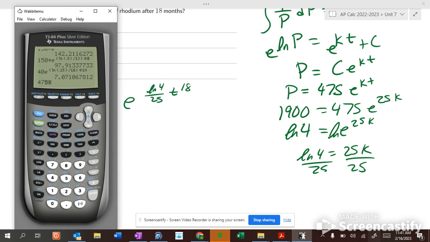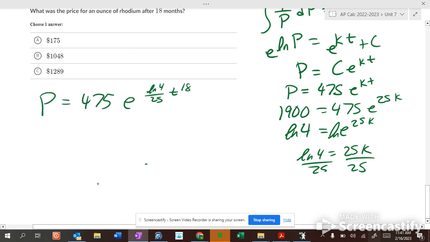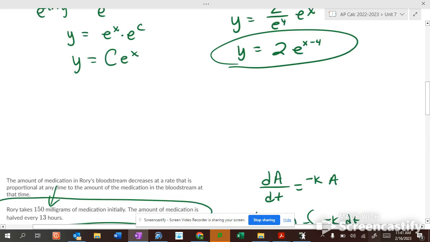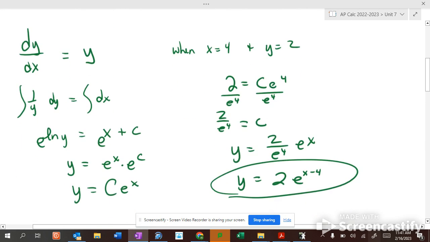So it's 475 e to the ln of 4 divided by 25 times 18. 1288 point whatever. Okay? So that's the process. The first ones are going to be kind of like this, where you're just figuring out the equation.